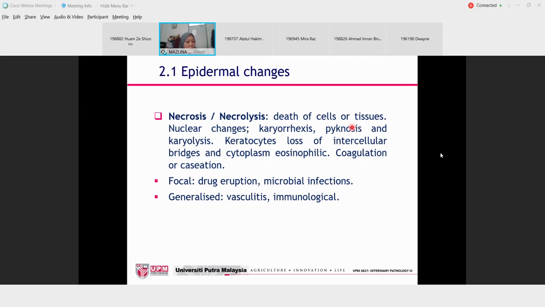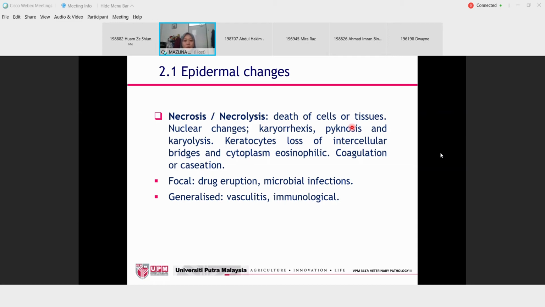Okay, for coagulated, meaning that usually the cell outline you can still see, but the cellular detail is lost. But caseated means that there is complete loss of all structural detail. You cannot see any nuclear detail or even the outline of the cell.